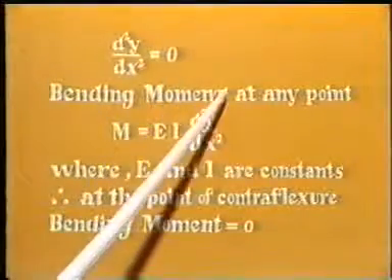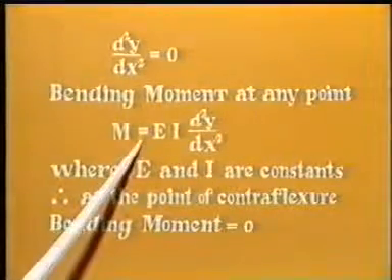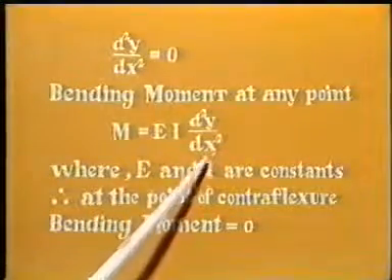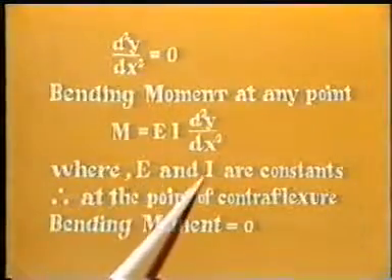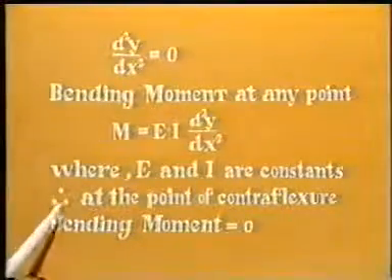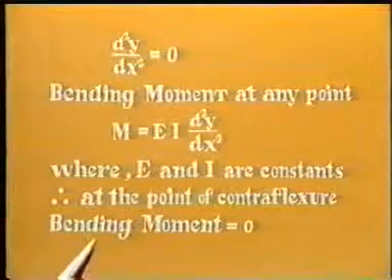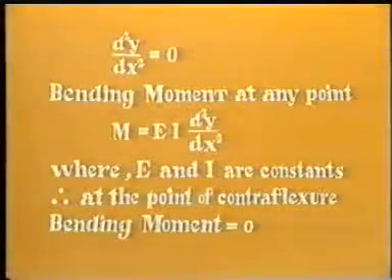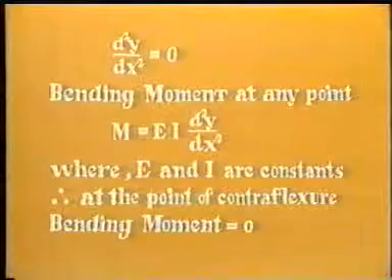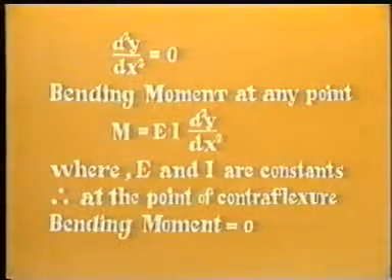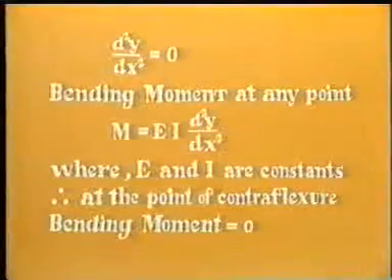Bending moment at any point is equal to EI d²y/dx², where E and I are constants. Therefore, at the point of contraflexure, bending moment is equal to 0. Obviously, the bending moments on the left and right of the point of contraflexure are of opposite signs.